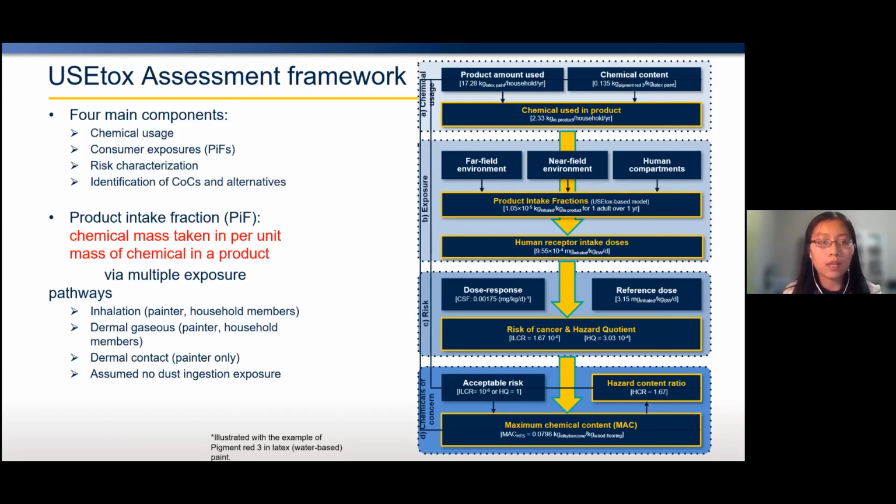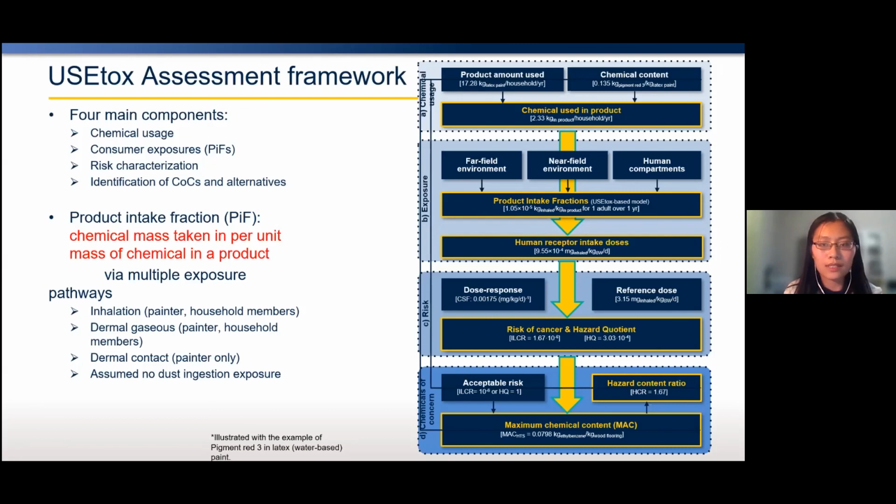And the second part is the consumer exposure, calculated as the product intake fraction, the PIF. The PIF is defined as the chemical mass taken in per unit mass of chemical in a product via multiple exposure pathways. And the pathways that we consider for the paint include inhalation, dermal gaseous uptake, and direct dermal contact.